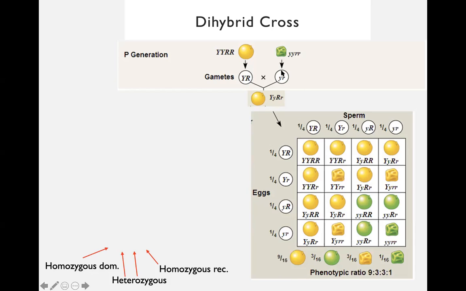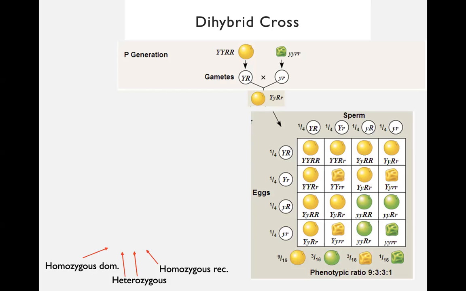Okay, so you can see how it gets a bit more complicated. Don't worry about these quarters, that just adds confusion. But if we look at the individual options for the gametes of the father, he can donate a big Y and a big R. So that's this option.